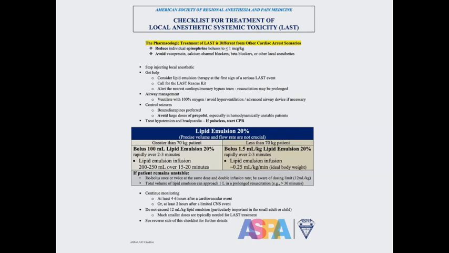It has been found that it shortens the time from cardiac arrest to regaining of spontaneous circulation in cardiac arrest caused by local anesthetic. So it's obligatory to use this emulsion when the patient becomes cardiovascularly unstable.